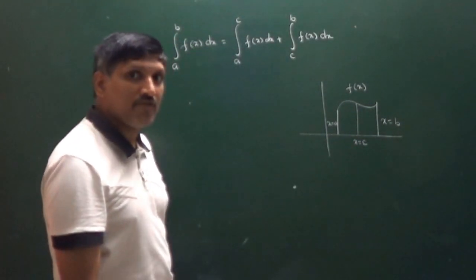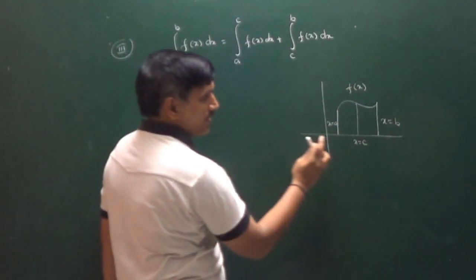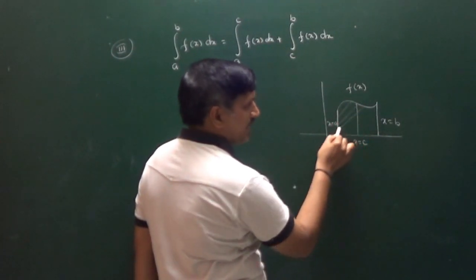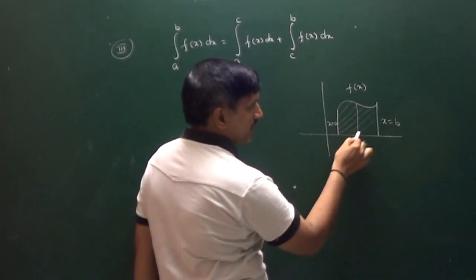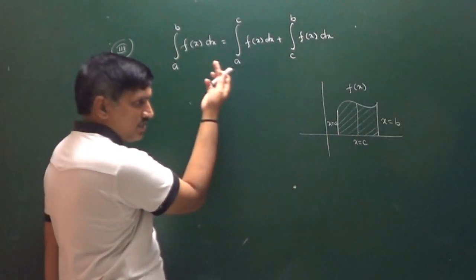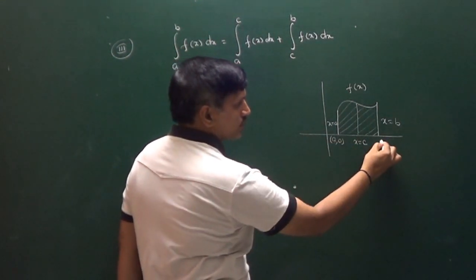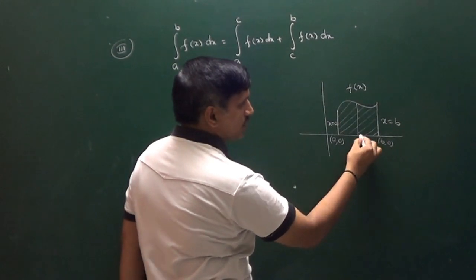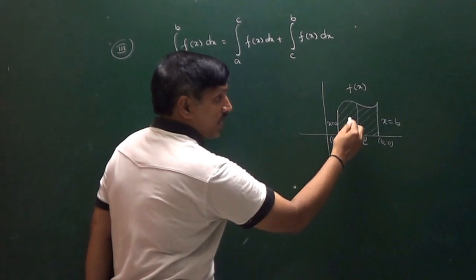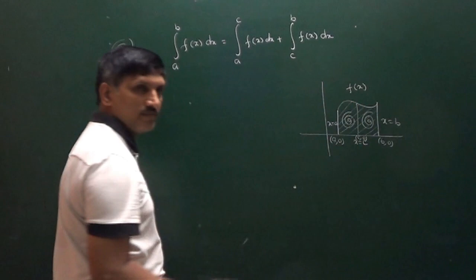As you all are aware, integral a to b f of x dx means this entire area, this total area represented by integral a to b f of x dx. This point is a comma 0, this point is b comma 0, and this point is c comma 0. Now this total area is nothing but the sum of these two areas, right?